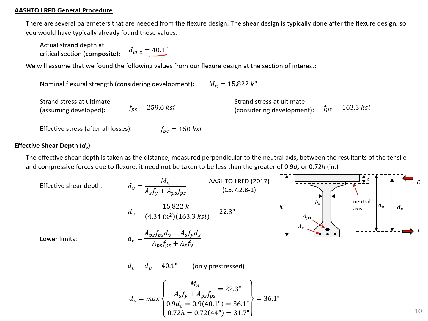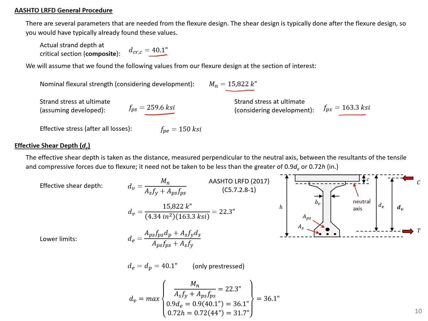So I'm just giving them to us here, but at our critical section, we're going to have a nominal flexural strength considering the development and actual area of the strands of 15,822. Our strand stress at ultimate, assuming that our strands are fully developed, is 259.6. Our strand stress considering the required development length is 163.3.